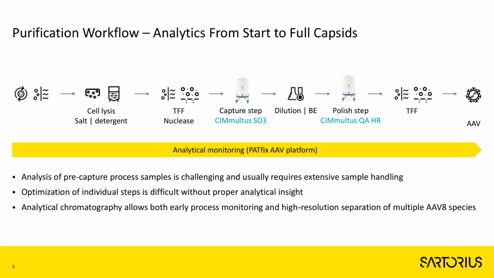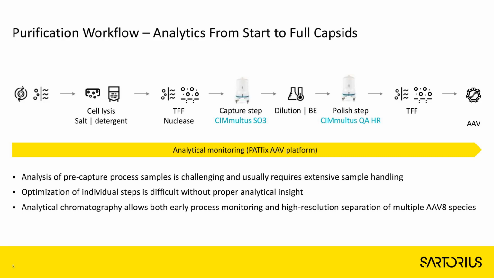Then a second chromatography step is usually required, especially on larger scales, where product-related impurities are removed, in this case specifically empty capsids that are produced, as well as partials if possible. And finally, the full capsids are formulated and become a drug substance.